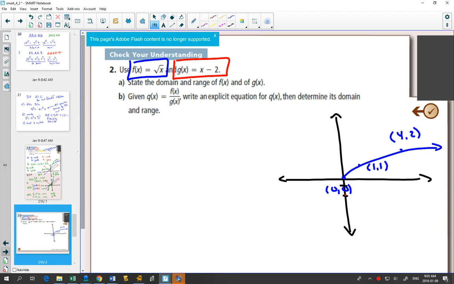Have a y-intercept of negative 2, a slope of 1. Actually, this is a little bit off. Let's just draw a really big dot right here, because they both go through 4, 2.